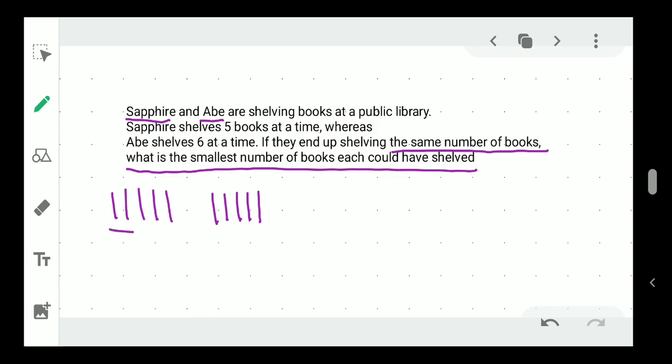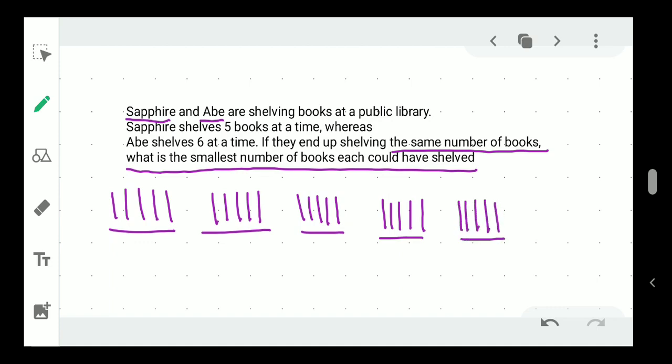At first 5 she will do, then more 5, so 10, then more 5, so 15, then 20, then more 5, 25, and more 5, 30. So Sapphire can do 30. How many times does she have to do it? She has to do it 6 times, because in one time she can do only 5 books.